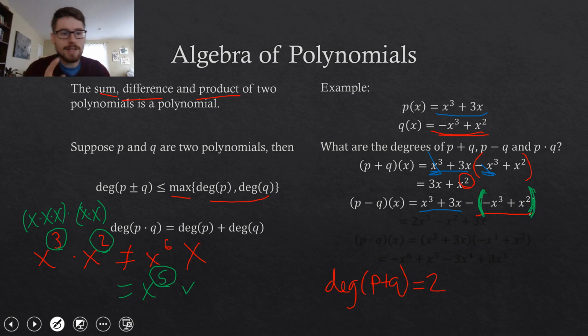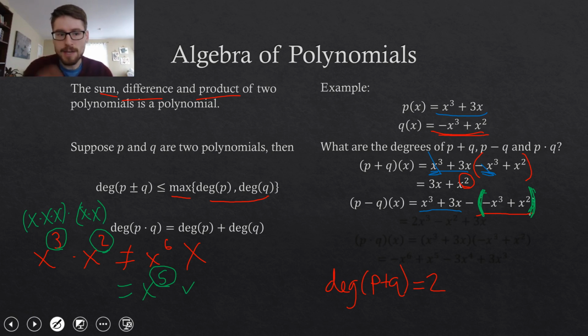Because if you forget those parentheses, you're only subtracting the first term and not the whole thing. And you need to subtract the whole thing because that's what P minus Q means. It means subtract Q, the entirety of Q, which is negative x cubed plus x squared, from P, okay? So parentheses will remind you to distribute the negative sign through.